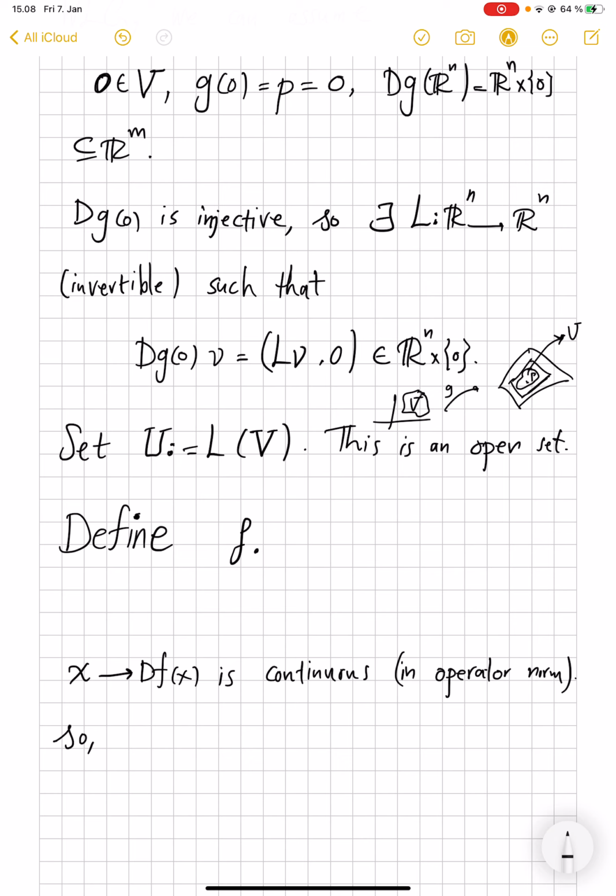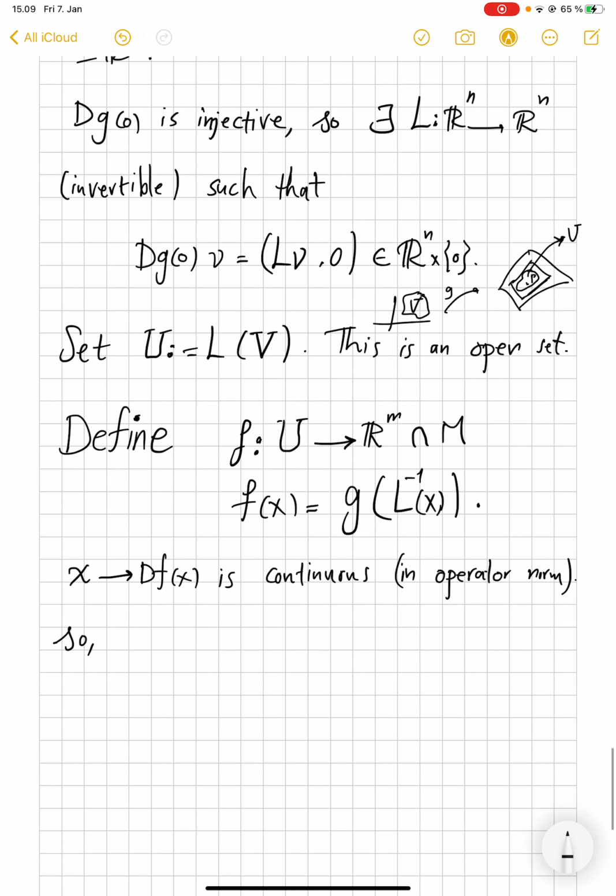So F goes from this open set U into Rm, which in fact goes into the manifold, and f of x is, okay, x is in U, L inverse of x brings it into V, and then G is defined on that. So this will be it. We're going to prove that this local parameterization, this F, will have the properties we want after we make this U smaller, if needed.